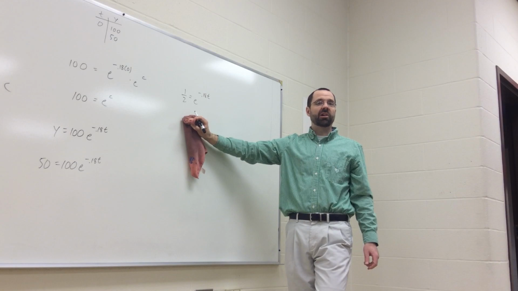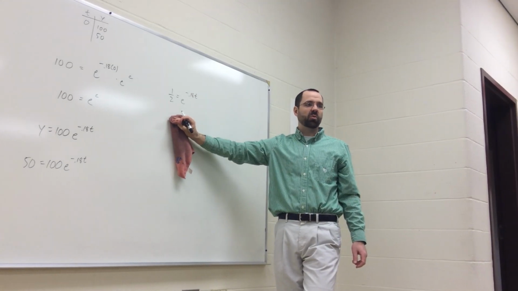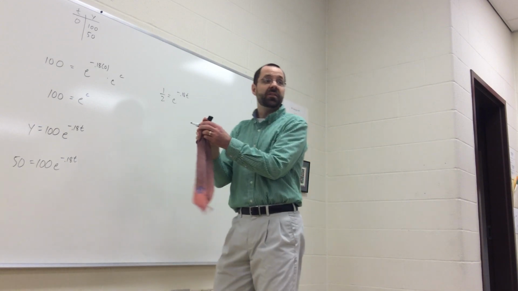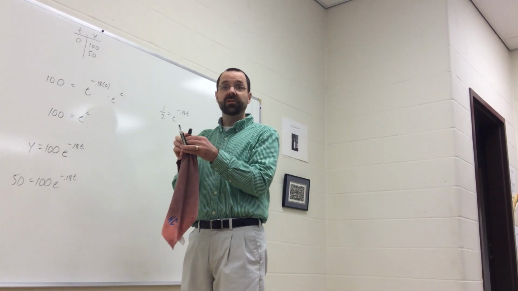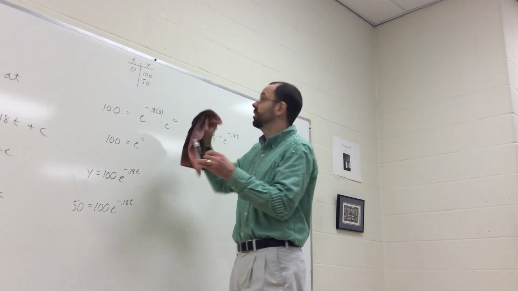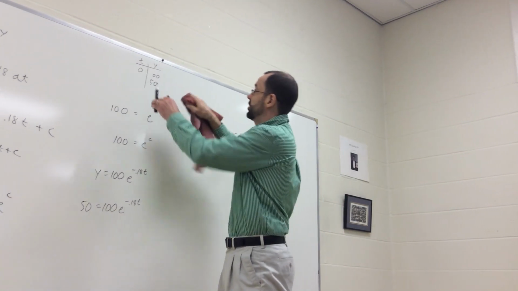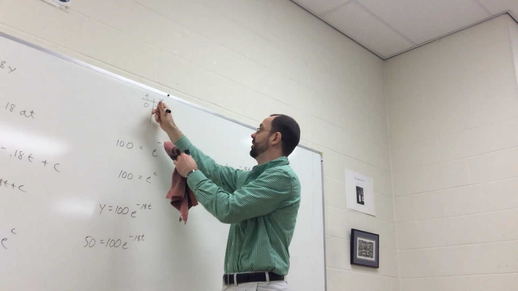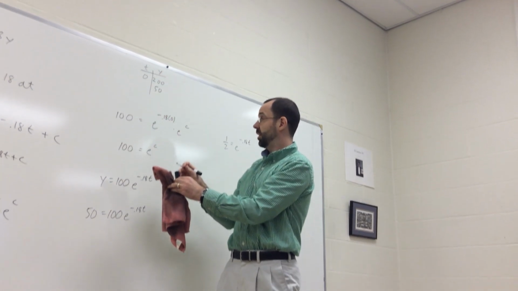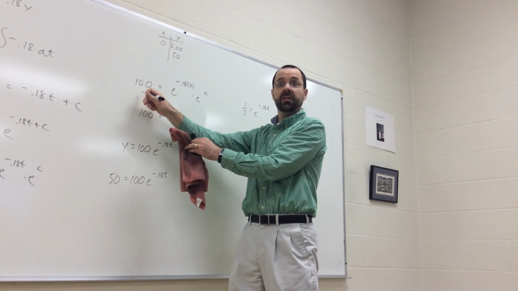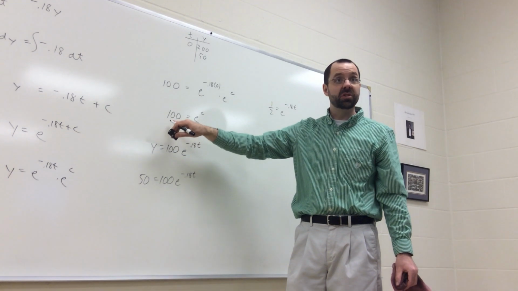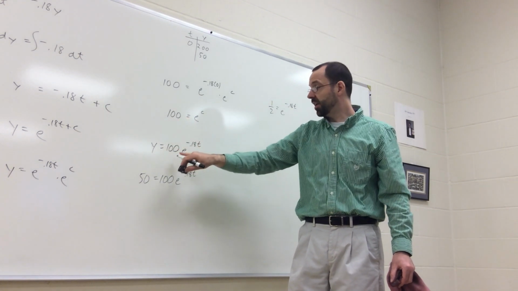Okay, now right here is where I convince you that it didn't matter what point I made up. So let's say that instead of picking (0, 100), I had picked (0, 200). So let's say there was a 200 there instead. Then e to the c would have been 200.